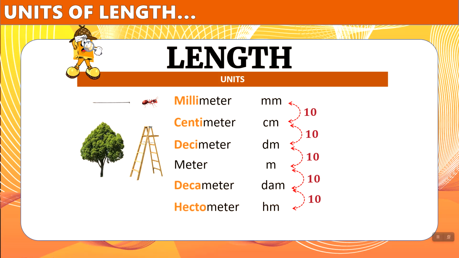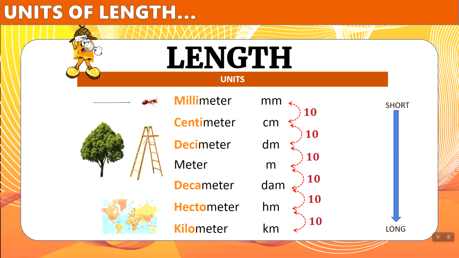And lastly, if we have 10 hectometers, that gives us a kilometer, and the abbreviation is km. The kilometer is used to measure long distances, and the map is there to show us that from country to country or city to city, we usually state these in kilometers. You can see that millimeters are used to measure short distances or short lengths, all the way up to the long units like the kilometer.